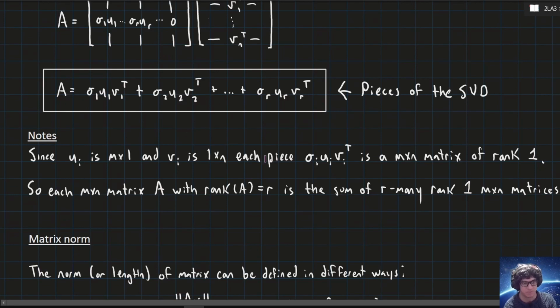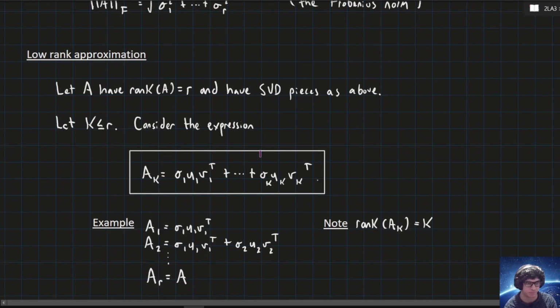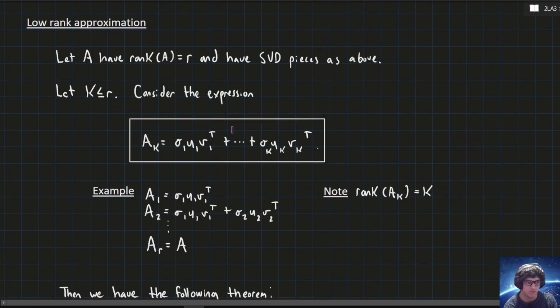So we have R many pieces of A. Now let's consider a number K, which is a positive number, and it's less than or equal to R. Now we're going to consider this expression. A sub K is equal to the sum of the first K many pieces.